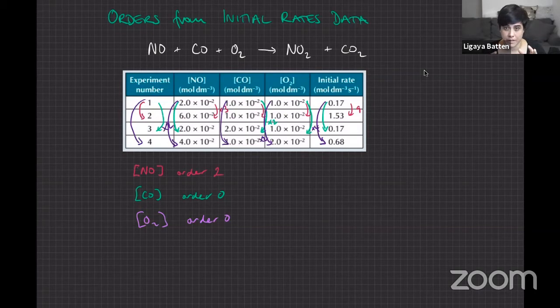We had 2 different things changing, but hopefully by that point you have some information that you can use to give you extra help. So in this case, we already knew that NO was order 2, and so we could use that to eliminate it from the equation and then figure out that the O2 had no effect on the overall rate.